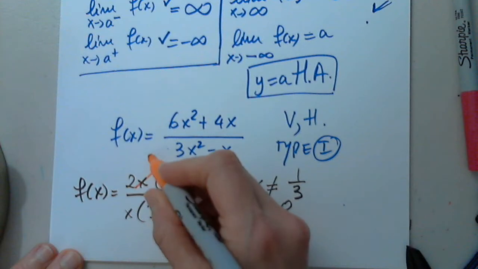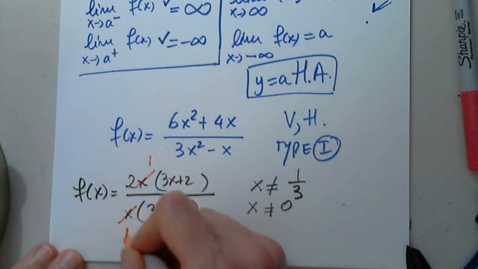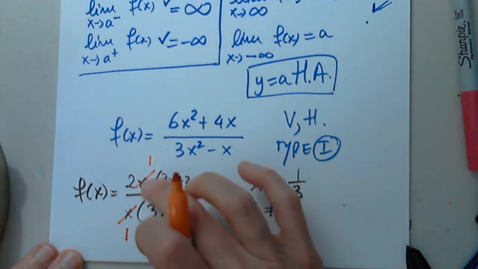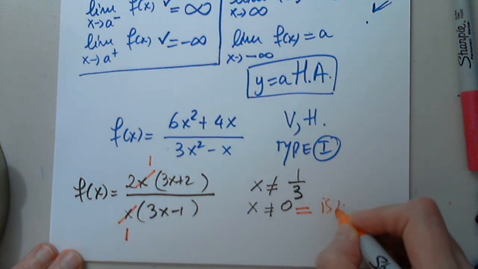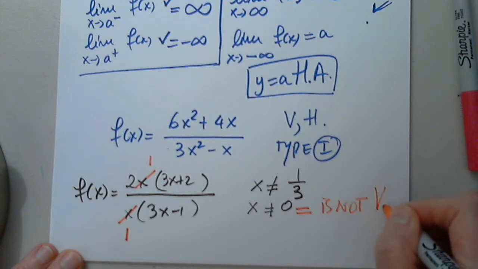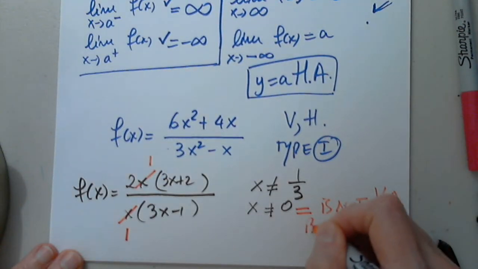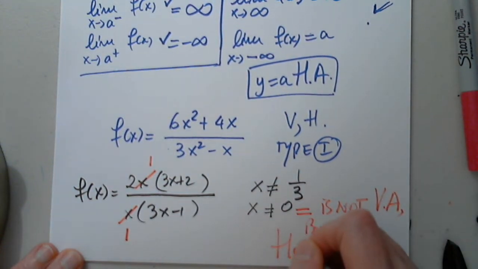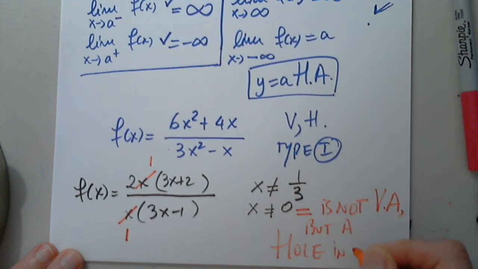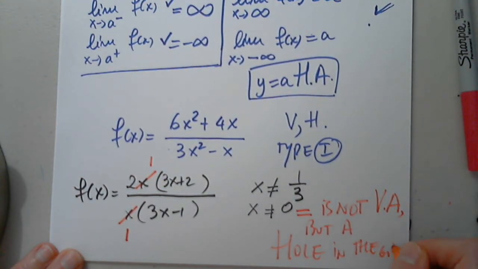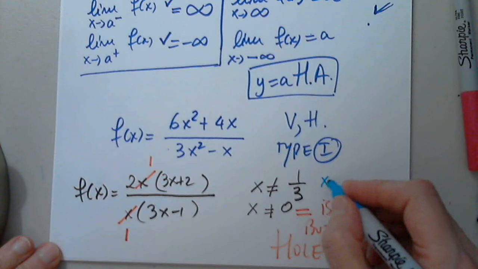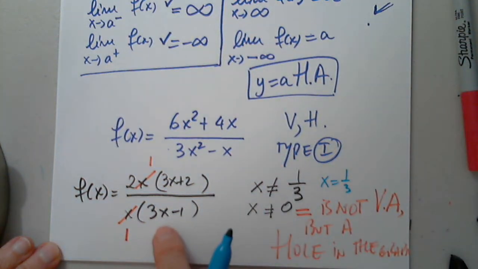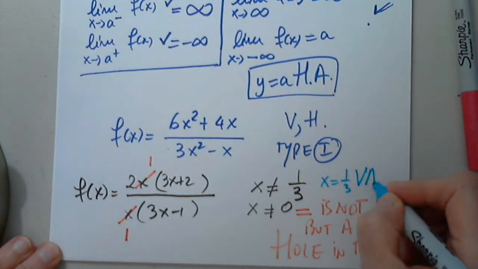You mean the x from the top with the x from the denominator, which means because this factor went away, this is not a vertical asymptote, but a hole in the graph. However, x equals 1/3, because the factor stays, is a vertical asymptote.